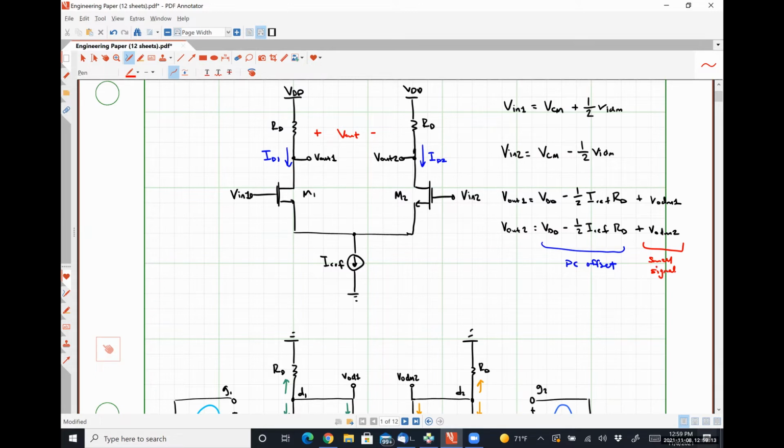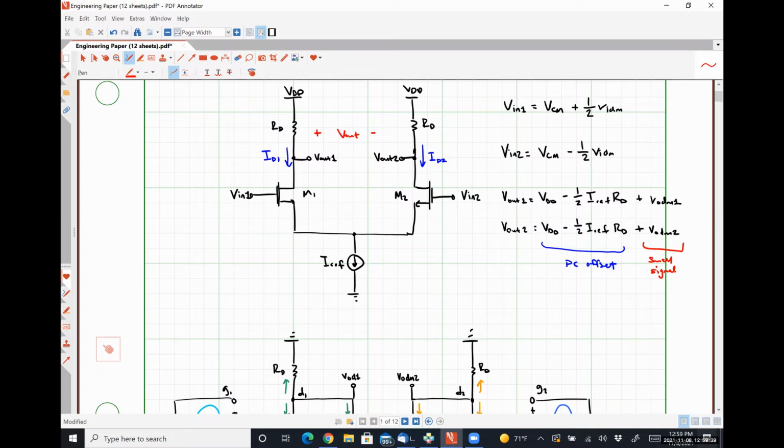Our output voltage at either of our output pins has some DC offset that depends on the biasing conditions of our circuit, right? Actually, they kind of don't. Assuming that the common mode signal is common to both sides, this guy is independent of what our DC biasing is, right?